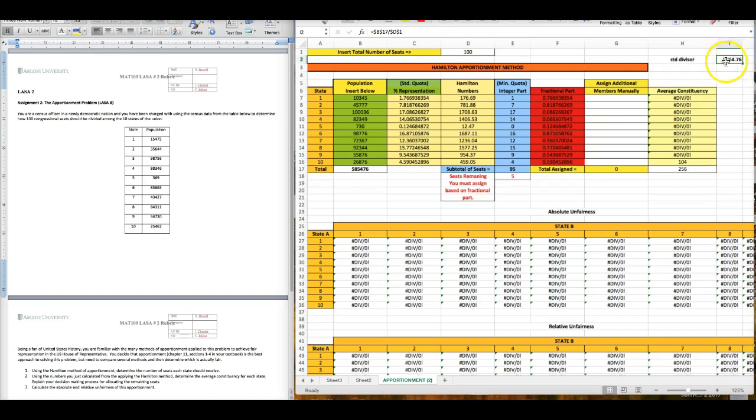So if we know that we have roughly 5,855 people that will be represented by one representative, then of course, if we have this number here, 10,345, then that's going to be roughly almost 2 representatives who should represent all these people. And so we're basically taking this and dividing it by this, and we get this number here. Now, if you can see, this is cell B7, this is cell I2, okay?